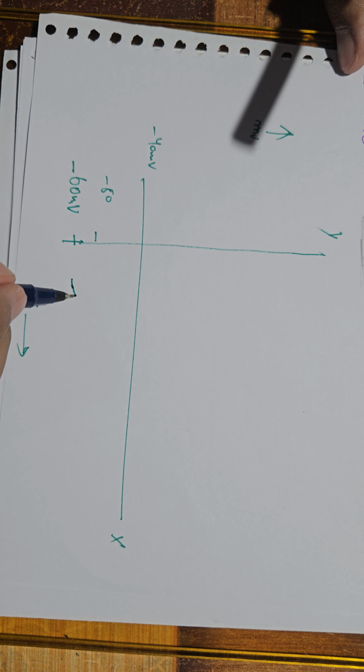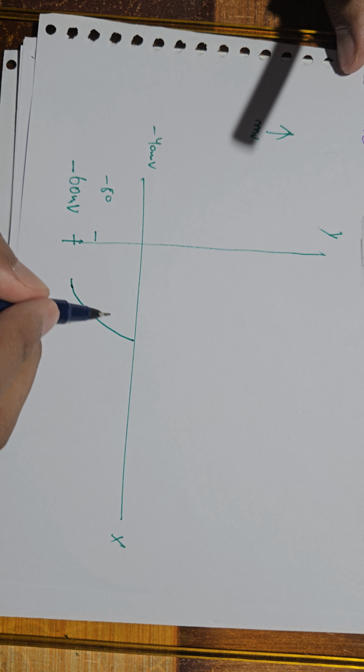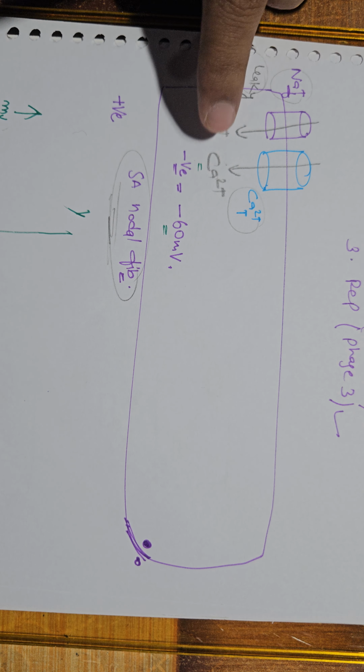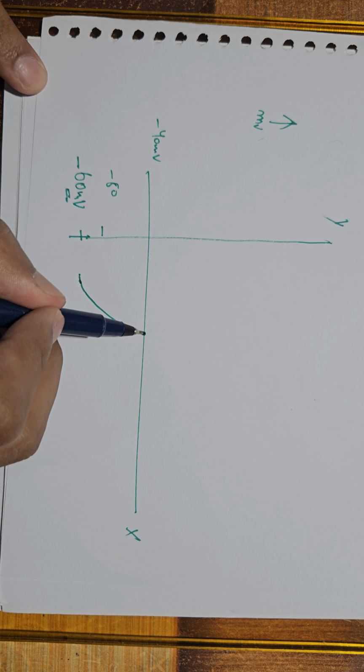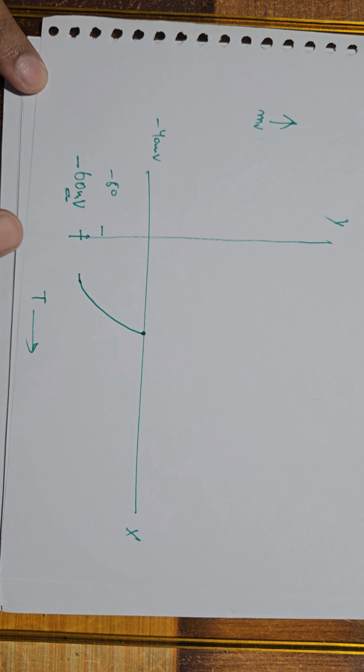With time, this minus 60 goes on decreasing, becoming minus 50, then minus 40 millivolts, because of the entry of sodium and calcium. Is that clear? Initially it was minus 60, now it reaches minus 40 millivolts. With time the voltage keeps on decreasing. Is that clear?